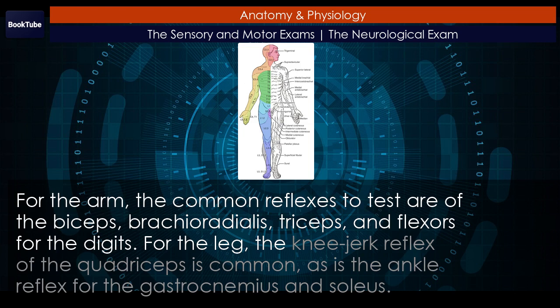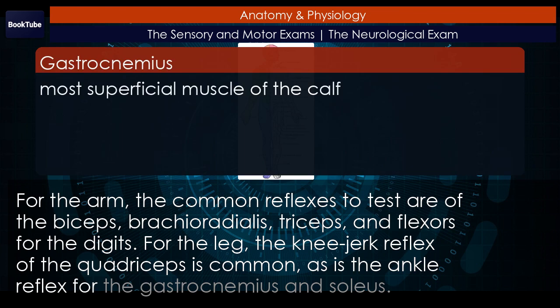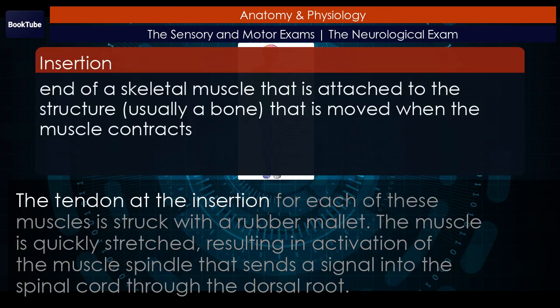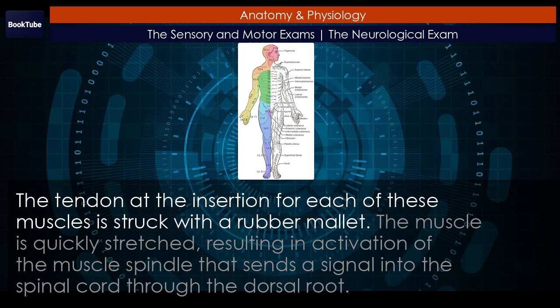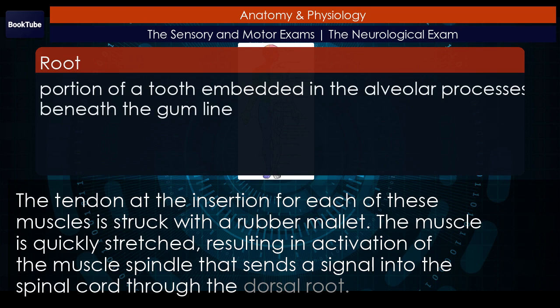For the arm, the common reflexes to test are of the biceps, brachioradialis, triceps, and flexors for the digits. For the leg, the knee-jerk reflex of the quadriceps is common, as is the ankle reflex for the gastrocnemius and soleus. The tendon at the insertion for each of these muscles is struck with a rubber mallet. The muscle is quickly stretched, resulting in activation of the muscle spindle that sends a signal into the spinal cord through the dorsal root.